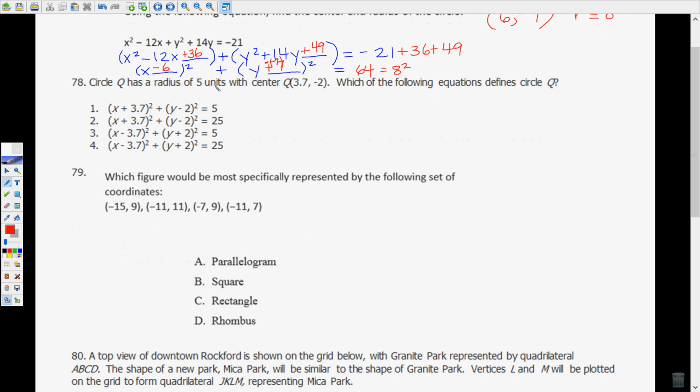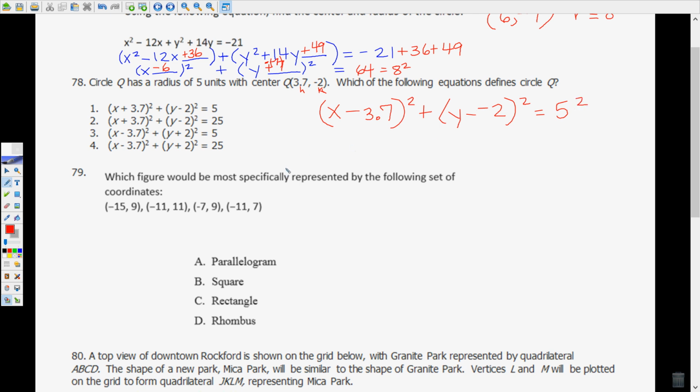Circle Q has a radius of 5 units with a center of 3.7, -2. Which of the following equations defines the circle? So x minus, this is your h and your k, x minus 3.7 all squared plus y minus a -2 all squared equals 5 squared.